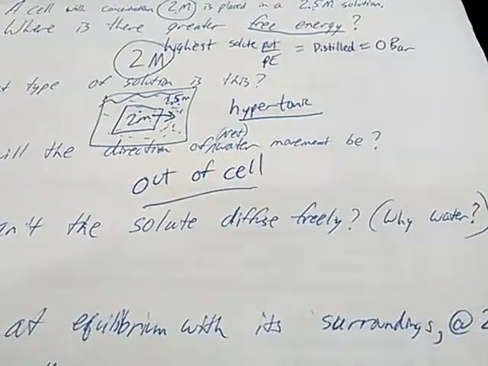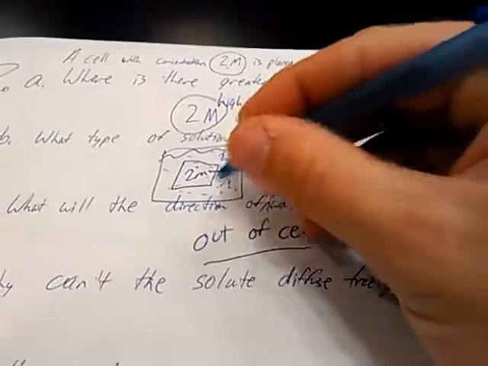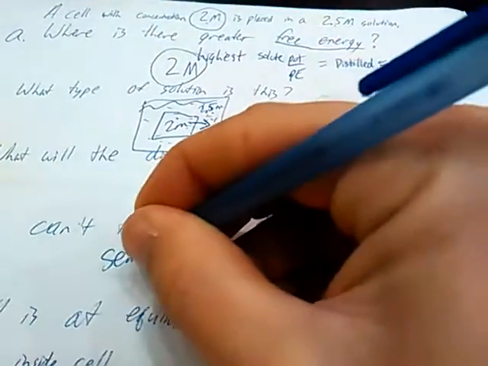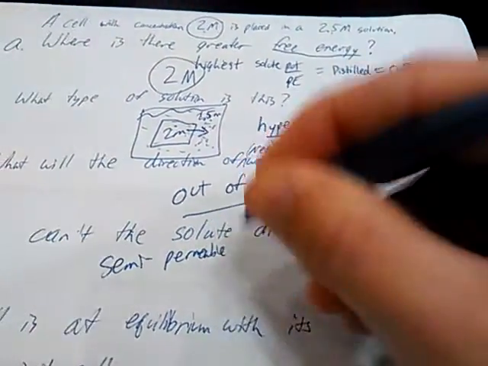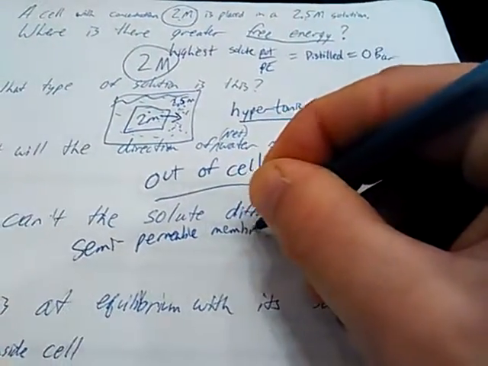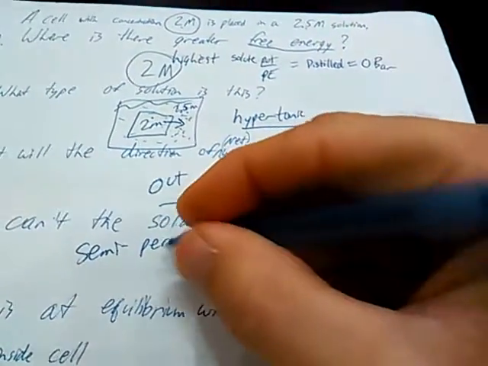And why can't the solute diffuse freely? Why can't these particles come to the inside? Semi-permeable membranes. And what is a semi-permeable membrane made of?